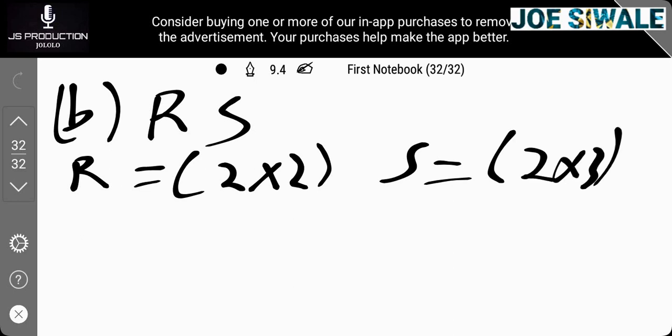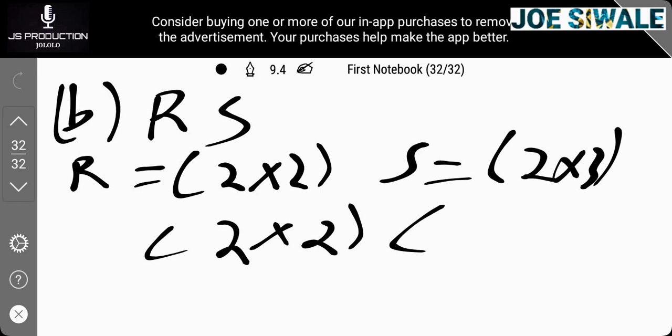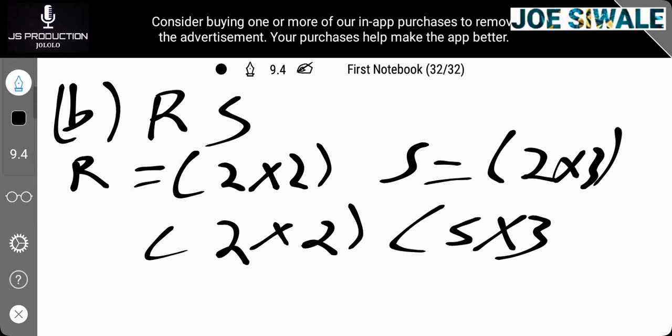So 2 by 2 means it has 2 rows and 2 columns, and 2 by 3 means it has 2 rows and 3 columns. So to continue solving RS, matrix R is a 2 by 2, matrix S is a 2 by 3.